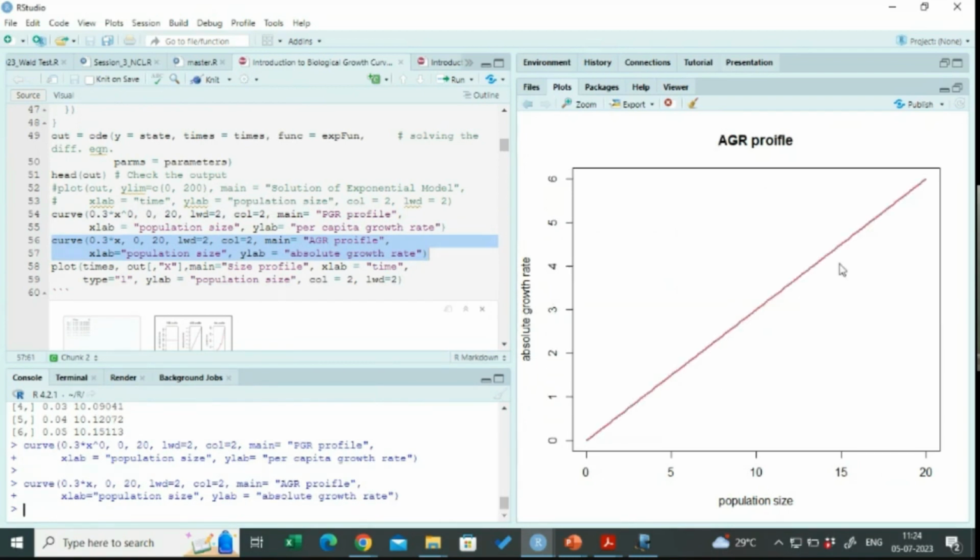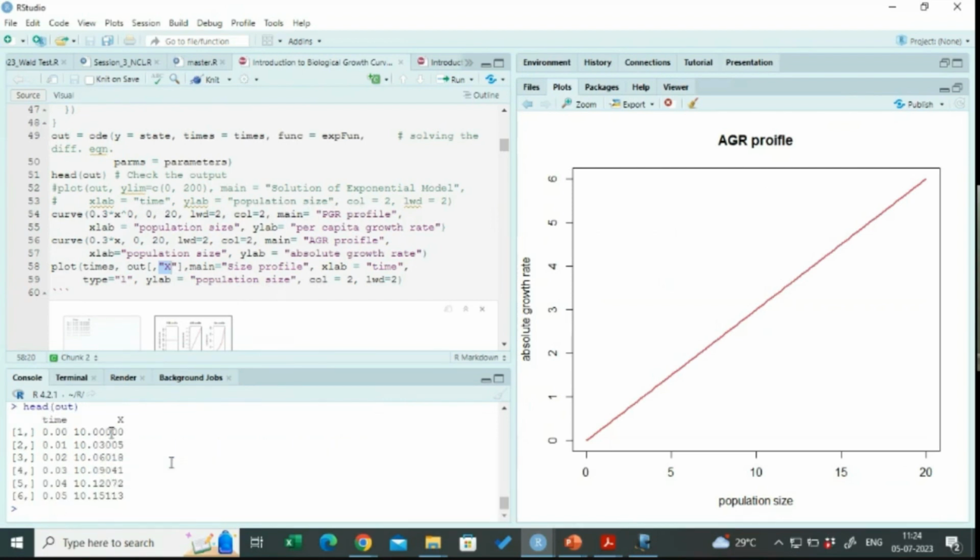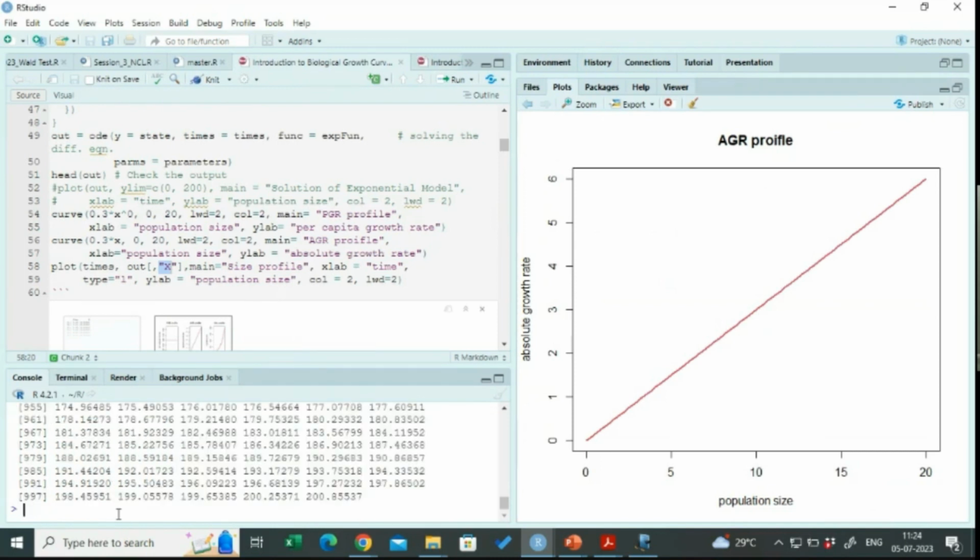So dx/dt is equal to rx here, and here you want to plot the times, at which you have calculated the value. Out contains the output of the solver, and by putting x you get that particular column. If you see the head of out, you see this x. If you write out, there are two columns, and you write x, you get the first column.